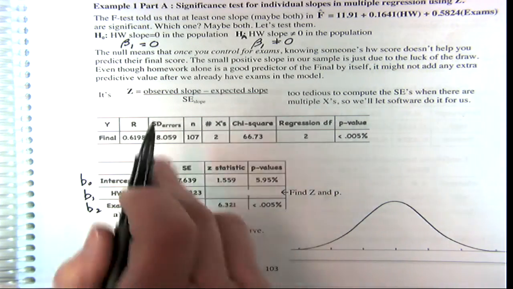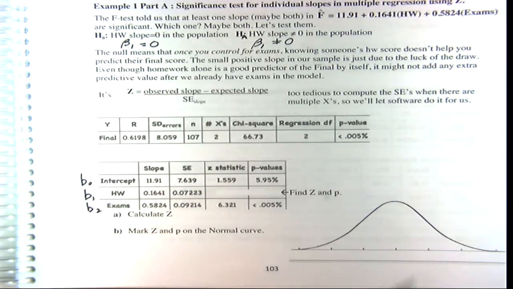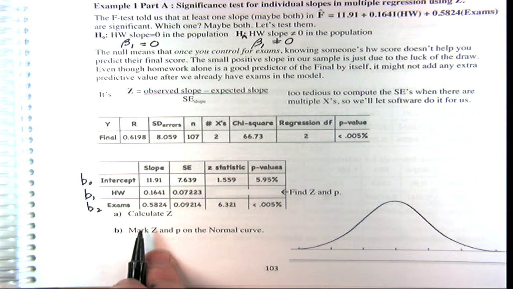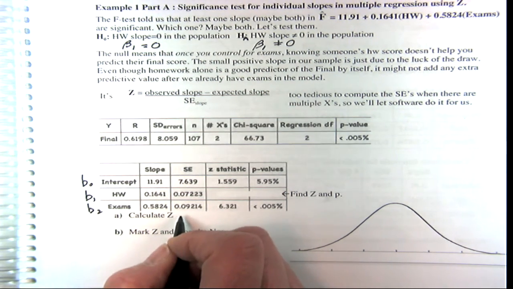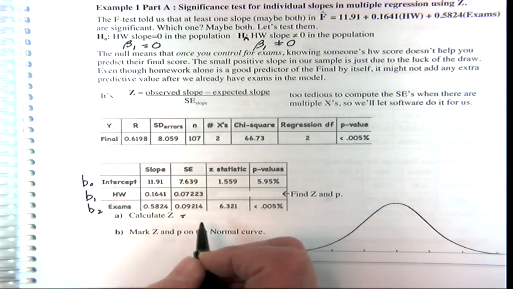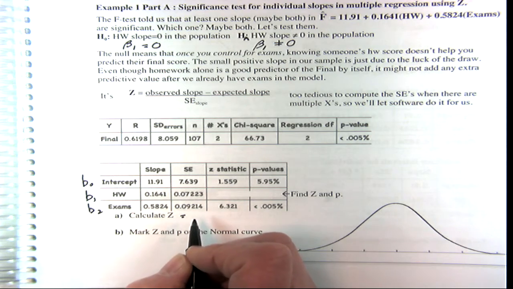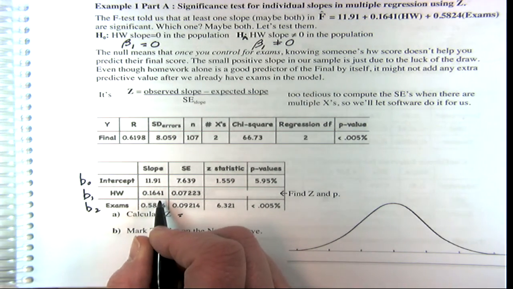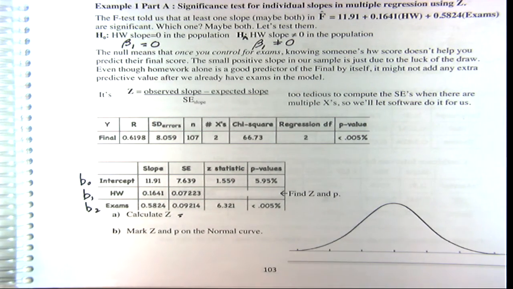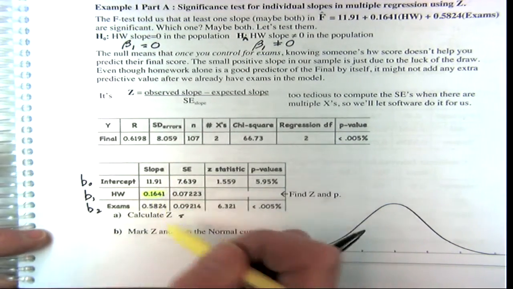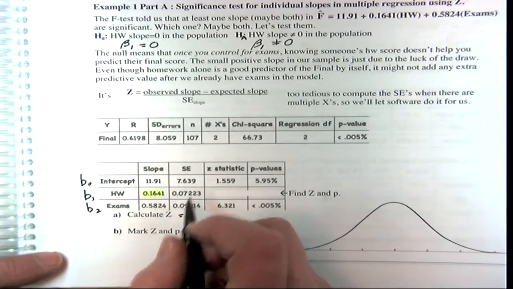So we're just going to do that right now. It's just the observed minus the expected over the standard error. So let's just calculate z. z is going to be equal to our observed slope, which is right here. That's what we saw.